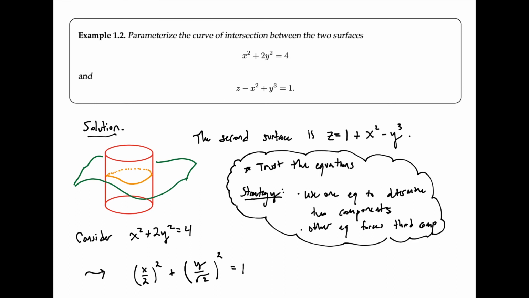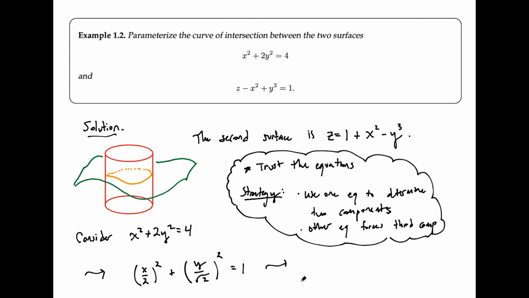Okay, then I think about my favorite trig identity of all time, which is cosine squared plus sine squared equals 1. This guy right here dictates what I want to call cosine and sine. I want this to be cosine squared plus sine squared.